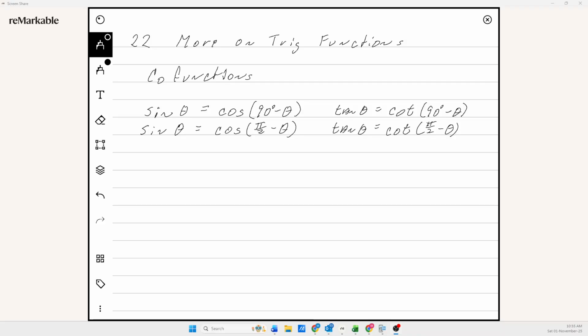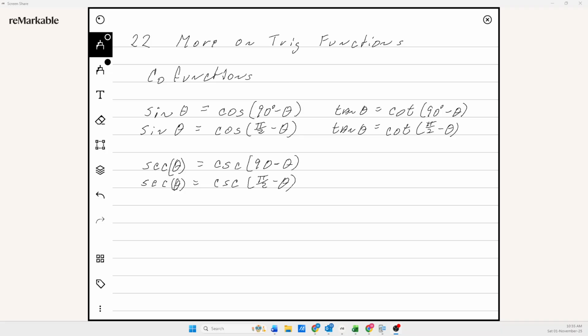And it also works for secant and cosecant. So the secant of theta is equal to the cosecant of 90 minus theta. And similarly, in radians, the secant of theta is equal to the cosecant of pi over 2 minus theta.